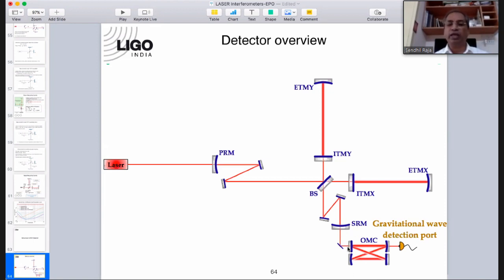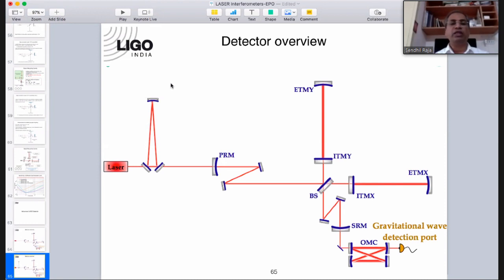The mode cleaner is nothing but again a Fabry-Perot interferometer, which is highly transparent under resonance for the fundamental mode, and lossy for higher transverse modes, so that it has very low loss for the TM00. All the higher modes are lost in the cavity, and what you get out is an enhanced output, which is the high purity TM00 mode, which contains the gravitational wave detection signal.